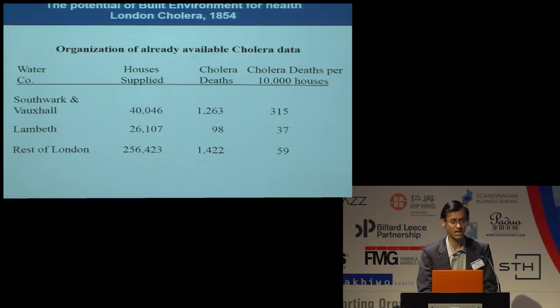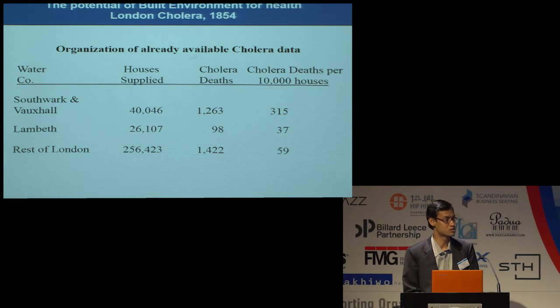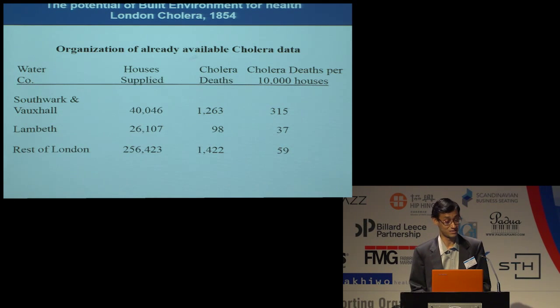John Snow and his team assessed the mortality with respect to the various water companies. They realized that Southwark and Vauxhall was at the higher extremity at 315 deaths per 10,000 households. It emerged that their supply at the source was polluted with sewage water.